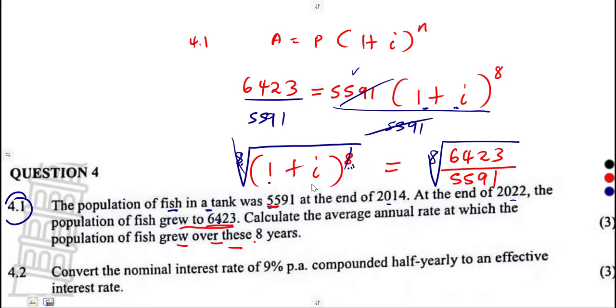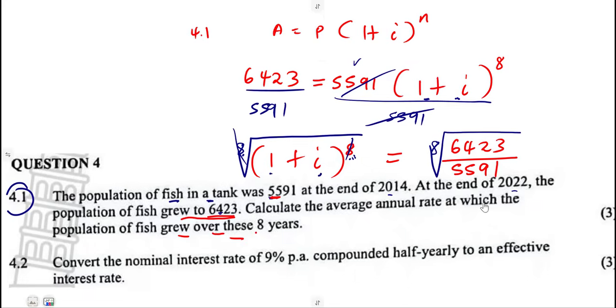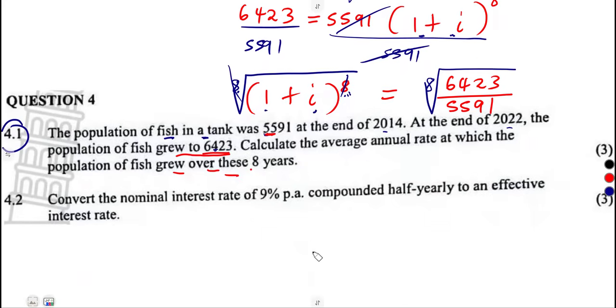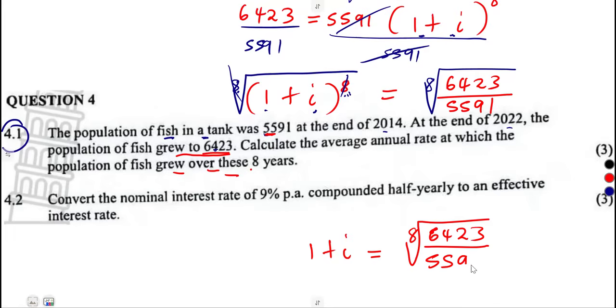The eighth root simply neutralizes the exponent, so you're left with 1 plus i, which is equal to the eighth root of 6,423 over 5,591. Then we can find the interest, which is the annual rate at which that population is increasing. Take 1 to the other side, it becomes a minus.